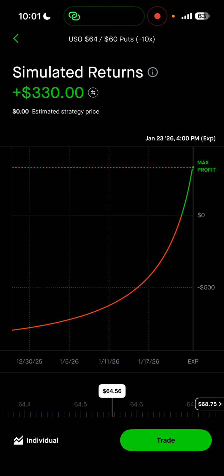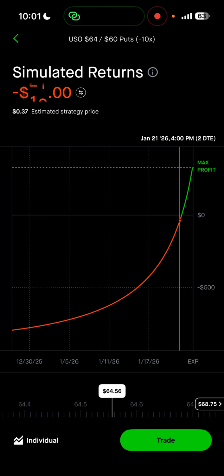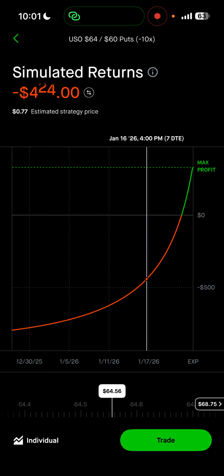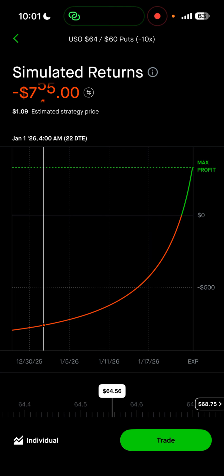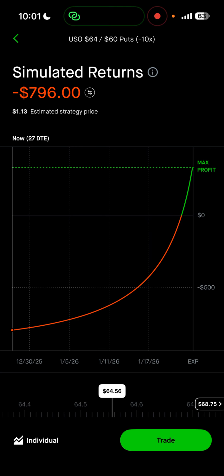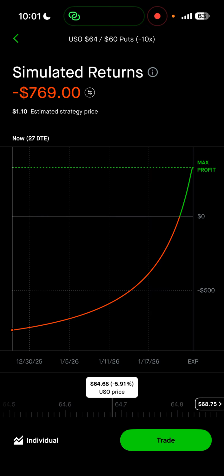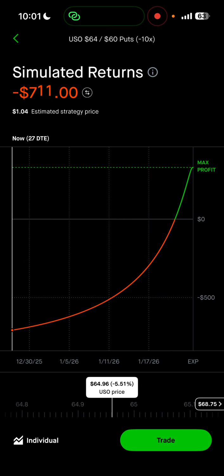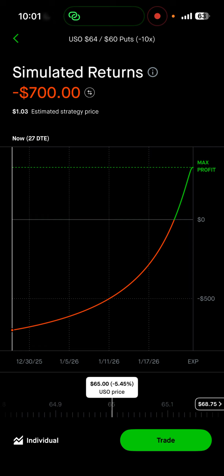Again, what this allows you to do is simulate your return. You can move along the date in a simulated fashion. Let's say oil did go down to 65 this coming Monday. We would have a minus $700 in our position if we were going to buy that back.